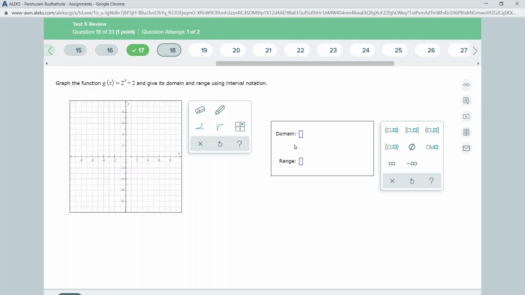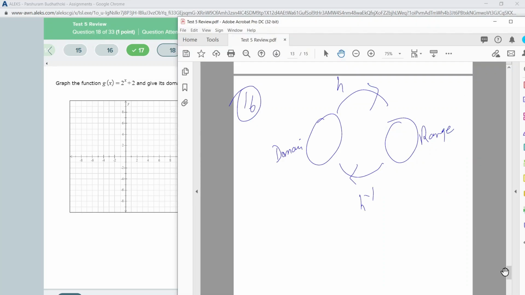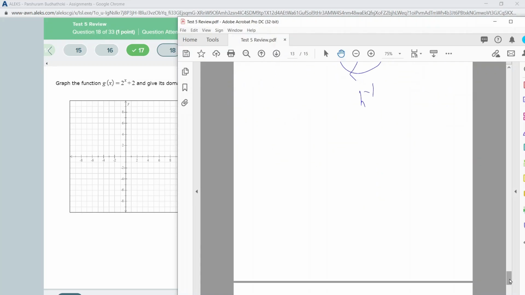Problem 18. We need to plot the graph of an exponential function. First of all, you need to know the graph of 2 to the power x, and then this is just shifting 2 units up. Remember, 2 to the power x is the exponential function.